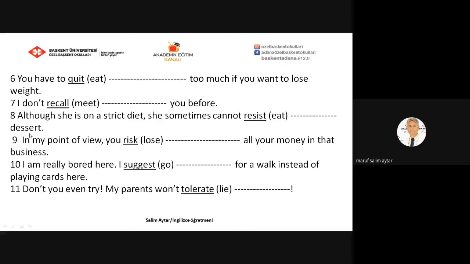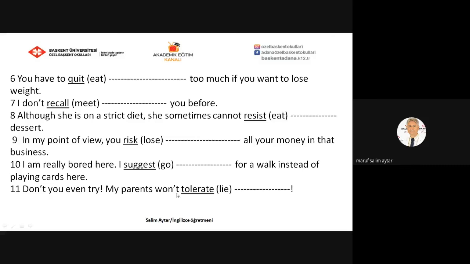In my point of view, number 9 says, you risk, what do you risk? All your money in that business. I'm really bored here. I suggest blah blah for a walk instead of playing cards here. Don't you even try, says 11. My parents won't tolerate. What won't they tolerate? Okay.